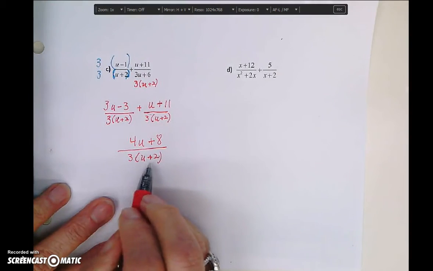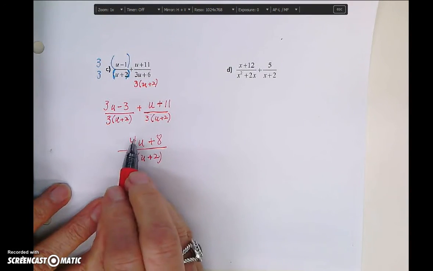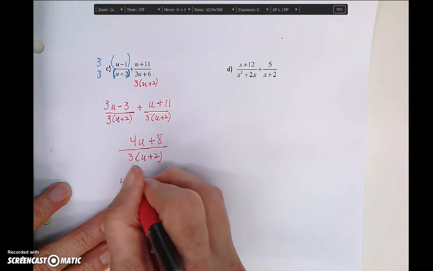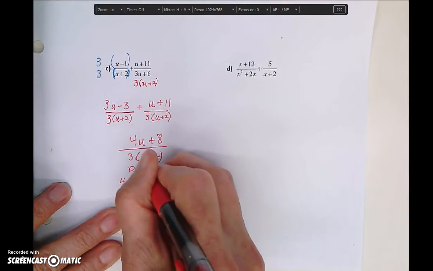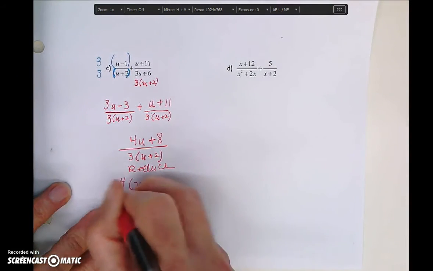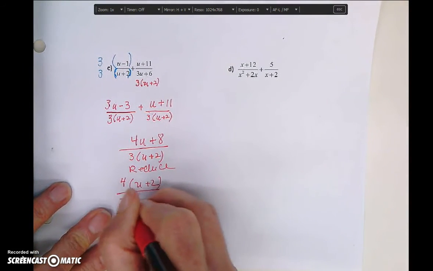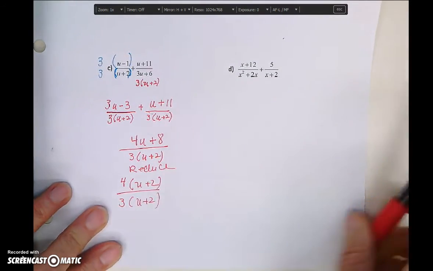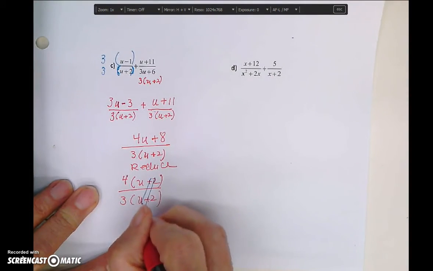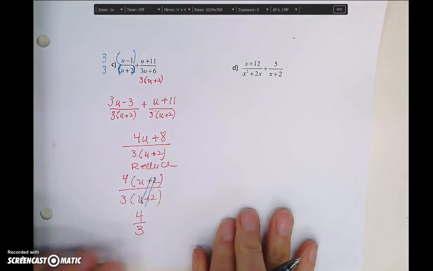All right, I need to think about factoring this to see if it'll reduce. And I see that there's a 4 in both of those, so I'm going to factor out. So I'm going to reduce. So I'm going to do 4 times u plus 2 over 3 times u plus 2. I'm going to cancel, and my answer is 4/3.